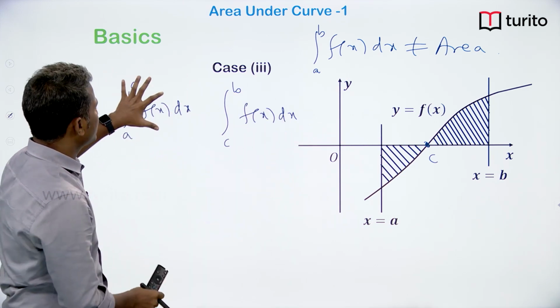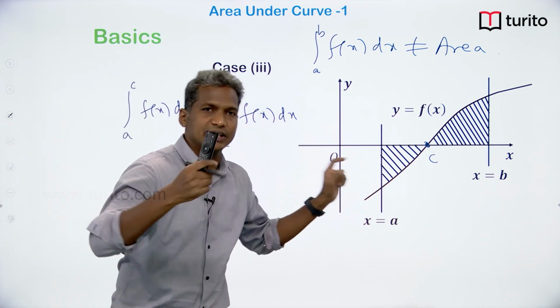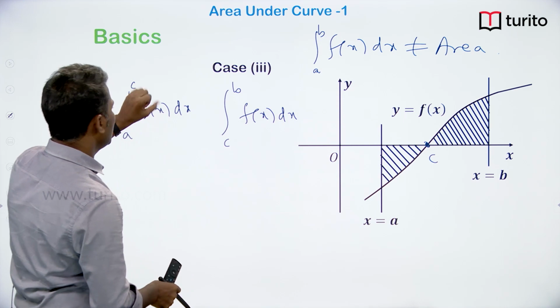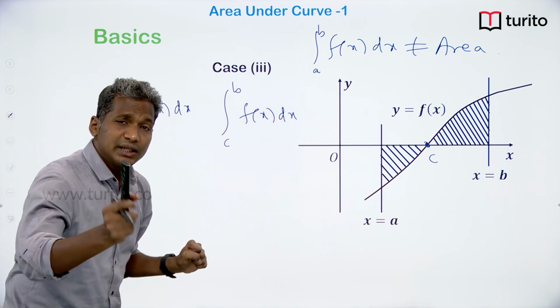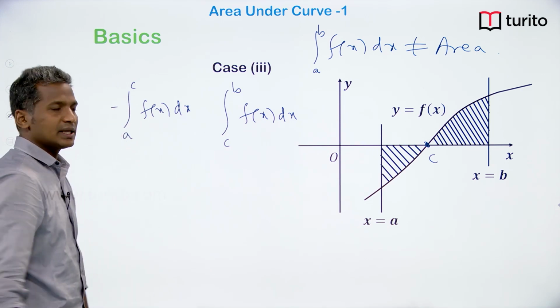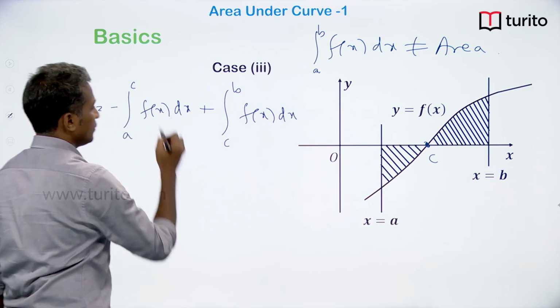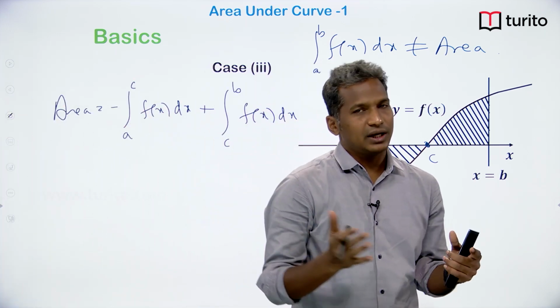Now this integral is going to be negative, because here the function is lying below the x axis. Because the value is negative, but we are interested in the area, and area must be positive, we multiply this with a minus sign and we add it to this to get the area. So this way we can find the area.